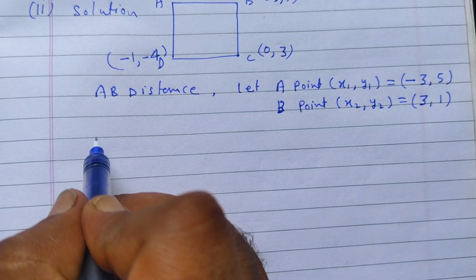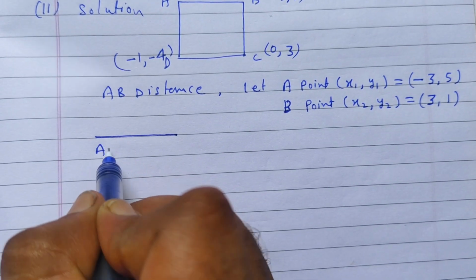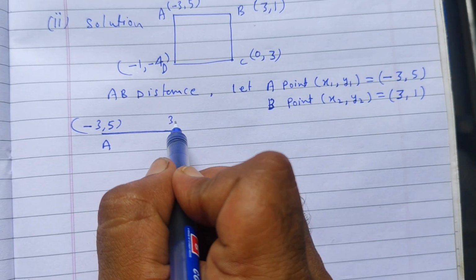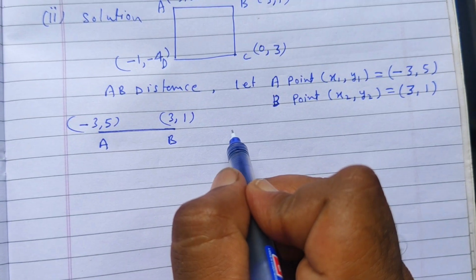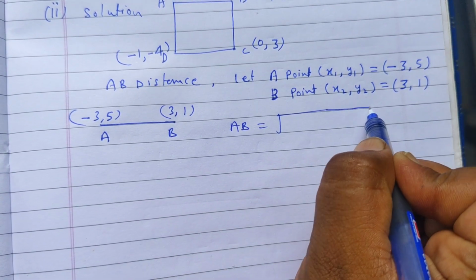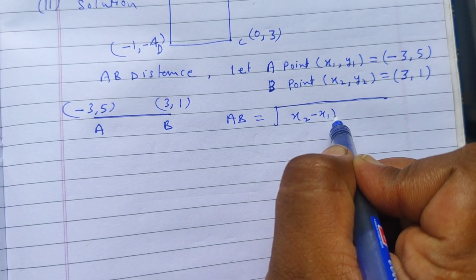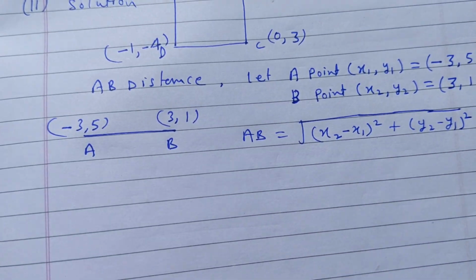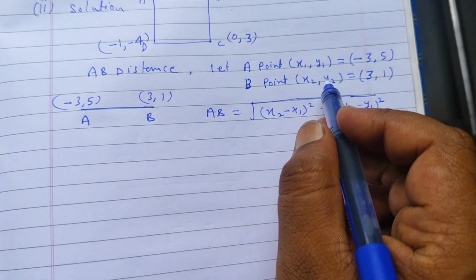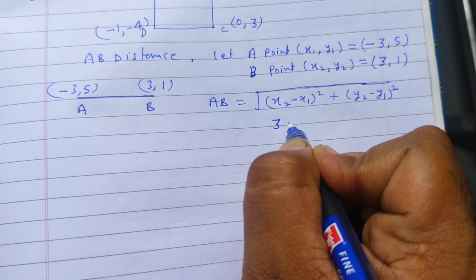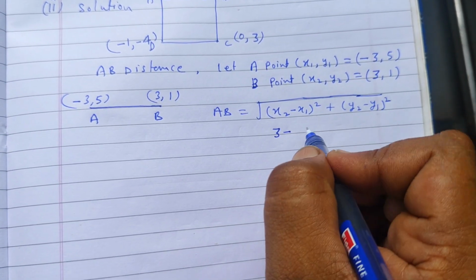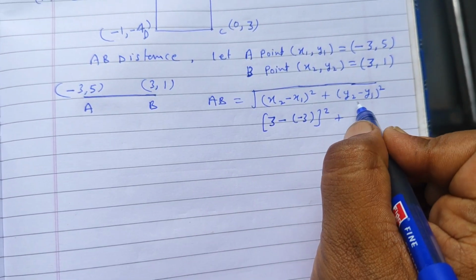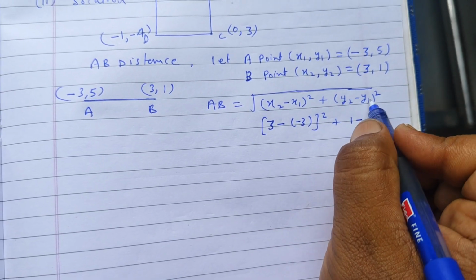So the AB distance is the square root of (x2 minus x1) squared plus (y2 minus y1) squared. x2 is 3, x1 is -3, y2 is 1, y1 is 5.